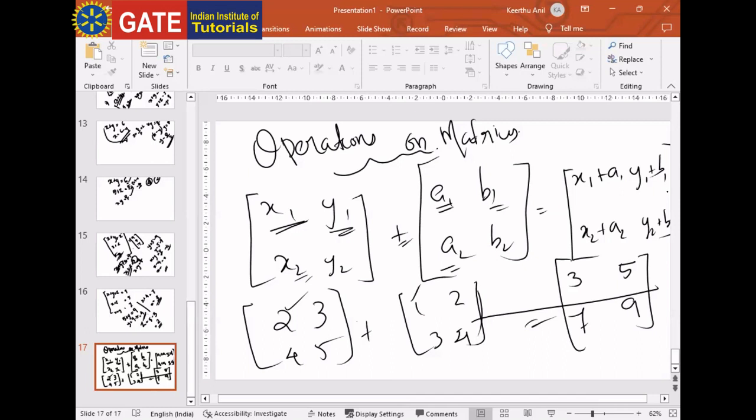Clear now? So you can just write operations on matrices, then you can get heading as addition, and then you can write this particular list. Question or example, illustration. Okay?